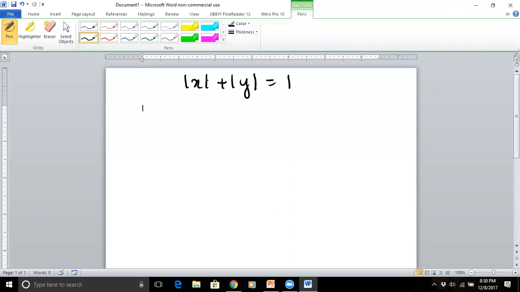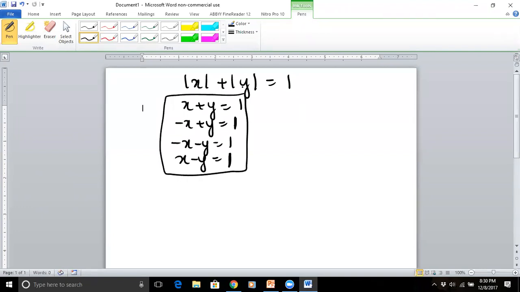One way to work it out is to work with the four cases. The first case you have is x plus y is equal to 1. And the second case you'll have is minus x plus y is equal to 1. The third case you have is minus x minus y is equal to 1. And the fourth case you'll have is x minus y is equal to 1. And then I can plug in values to solve. But this becomes a little tedious procedure to work. So think about it logically.